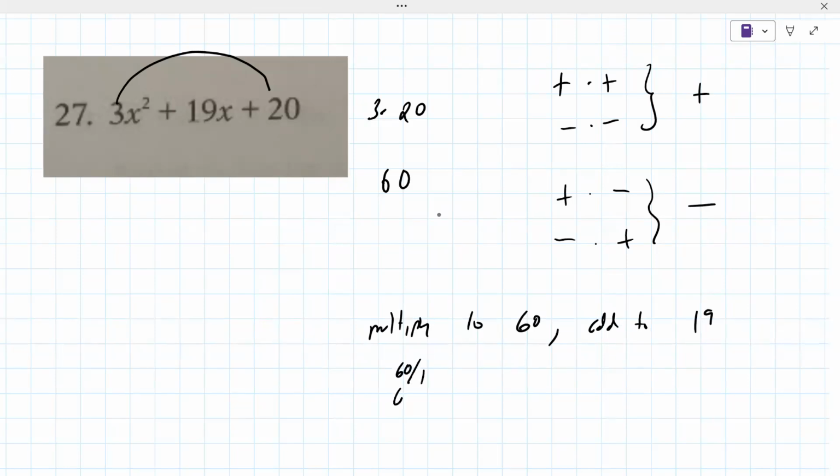You take 60 divided by 1, 60 divided by 2, and so on until you find the two numbers that work and add to 19. Is it clear what I'm asking you to do? Josh? Yep. Okay, just making sure.